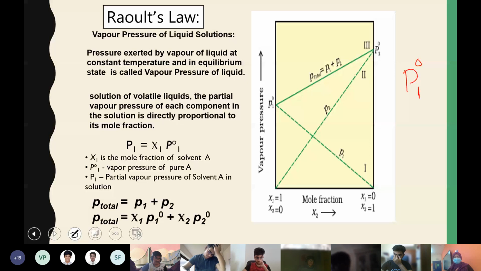That is the only difference, so it will not affect you when you're writing on paper. No, ma'am, because the formula is x1 P naught 1 plus x2 P naught 2, right? Yeah. Okay, ma'am.